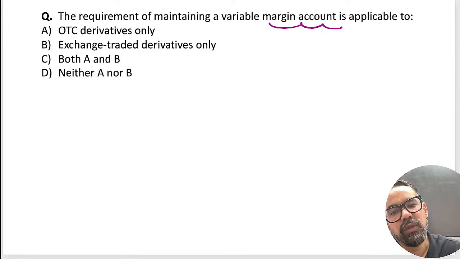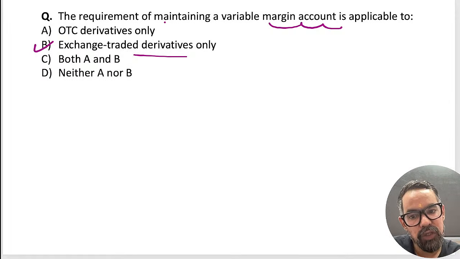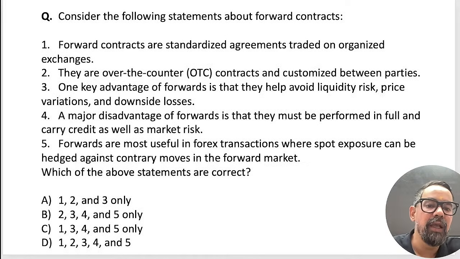Yes, very good, Sushil sir. It is the exchange traded derivative. In OTC we do not require any margin. But in case of exchange traded derivatives, we require an initial amount called margin, and you have to maintain that margin on an M to M basis, generally known as mark to market basis. Right. Let's practice the next question.